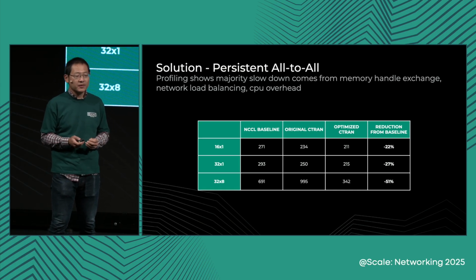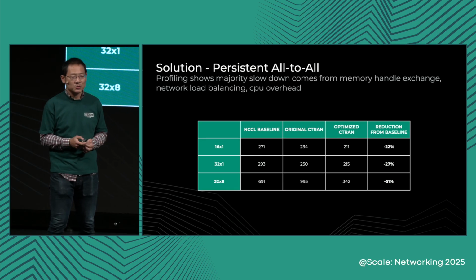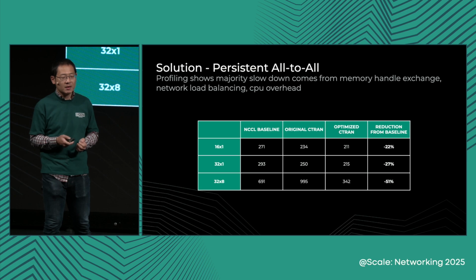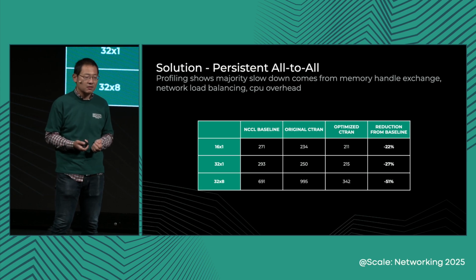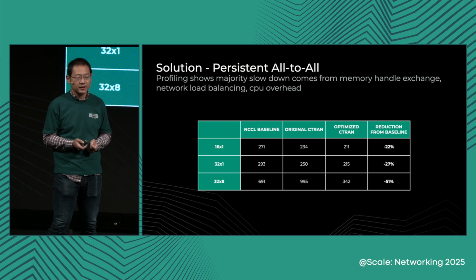We implemented this persistent all-to-all kernel, which gets rid of all the CPU overheads. Compared to the NCCL baseline, which is the most popular communication library, we are seeing about 22% to 50% latency reduction, depending on the size we are transferring.